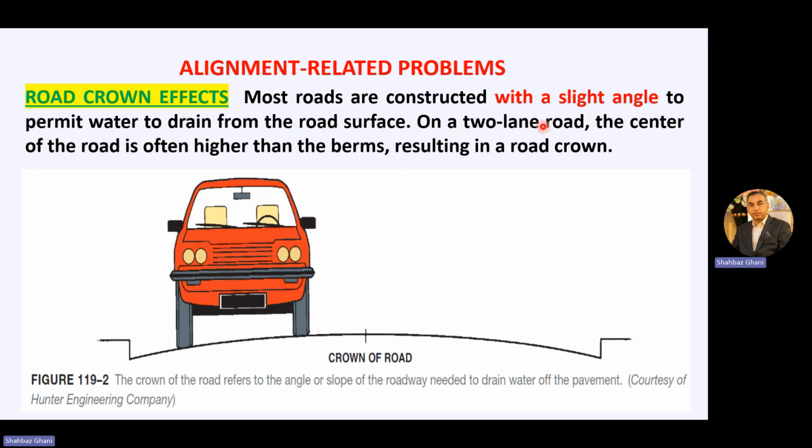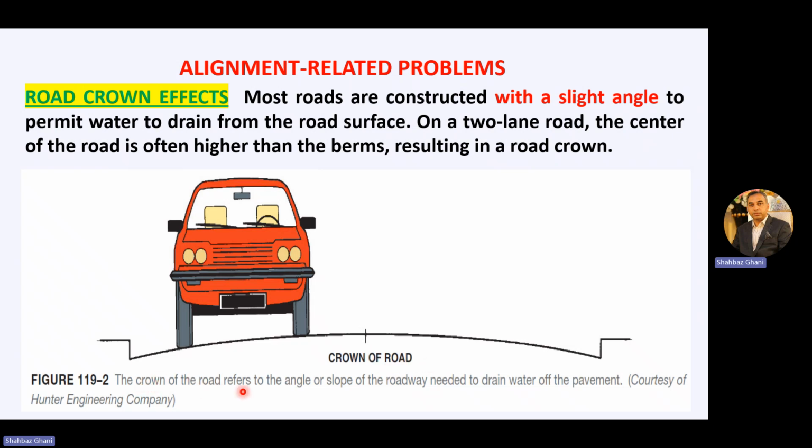On a two-lane road, the center of the road is often higher than the berms, resulting in a road crown. Like in this figure, the center of the road is always higher so that water drains out on the sides. This is the crown of the road.